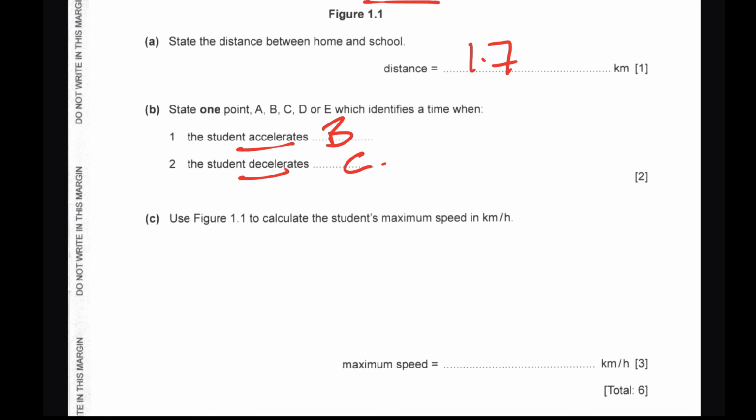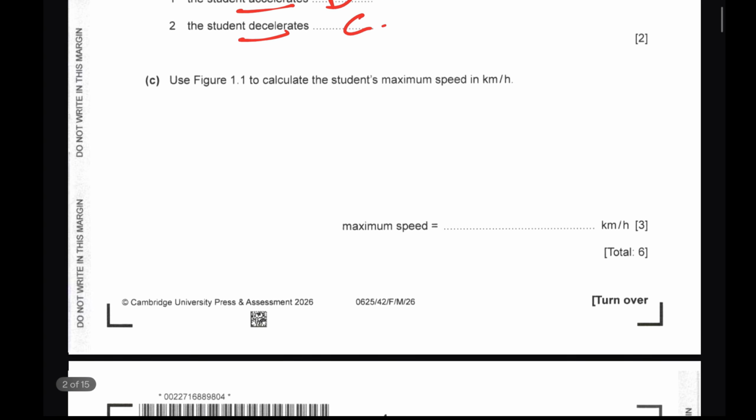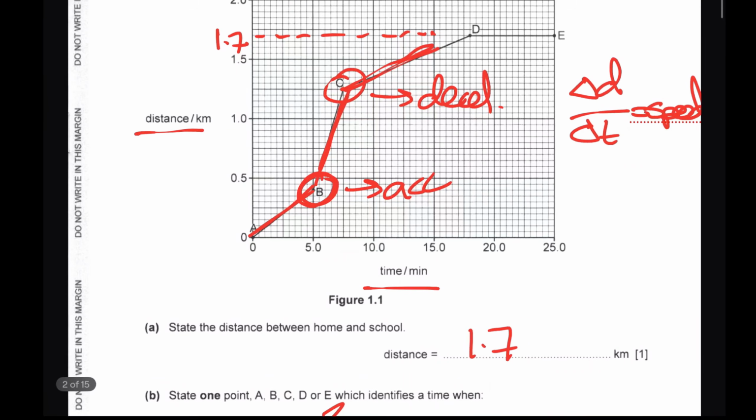There you go. Next: calculate the student's maximum speed in kilometers per hour. If we want to find the maximum speed of the student, we identify where the graph has the steepest part. That's pretty obviously between B and C. So you have to find the gradient at this point.